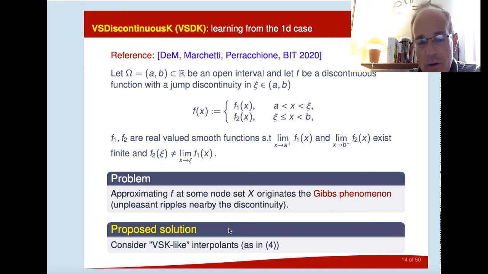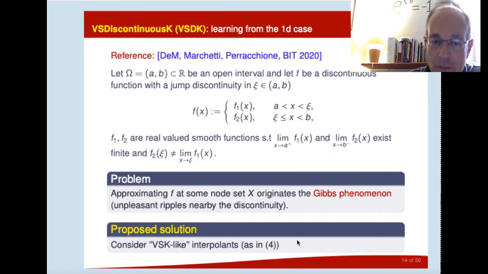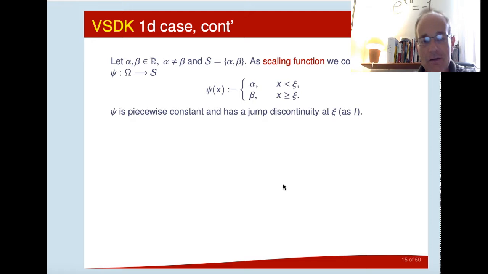And so our solution to the problem was to consider VSK-like interpolants, as we called them at the beginning. As in equation 4, remember, is of this form here. So the interpolant should be, in any case, a combination of something. But now we wanted to make more explicit what this something is. So the idea now is to consider a scaling function. Our Psi now is a function that is alpha on the left of c, our discontinuity, and beta on the right of c.